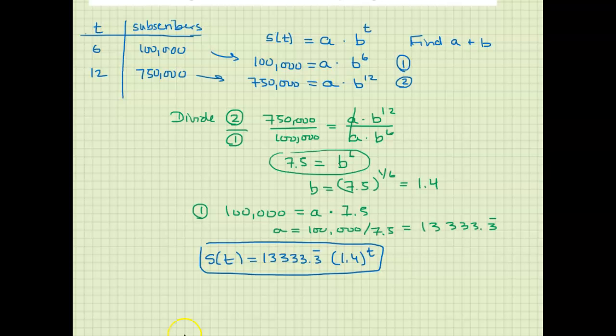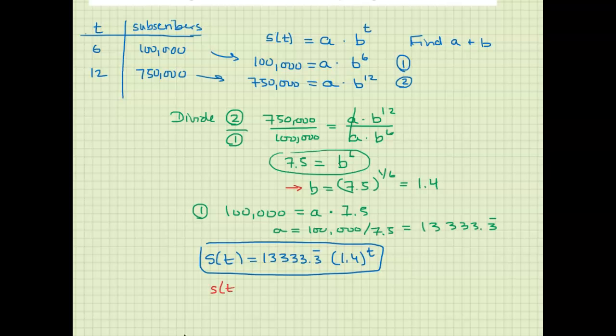Now I'm going to give you another way to write it, just to show the differences in how you could do it. Instead of solving for b here, you could keep b to the 6, which equals 7.5.